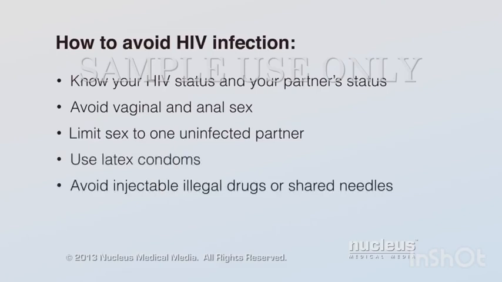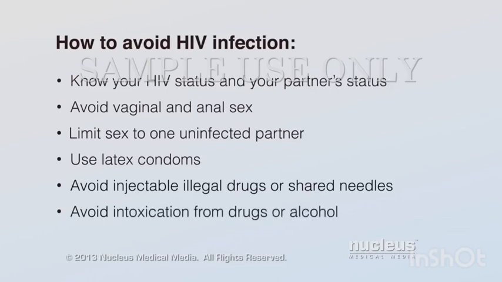Avoid using injectable illegal drugs or sharing drug needles because the needles may have the virus on them. Avoid intoxication from drugs or alcohol because you will be more likely to engage in unsafe sexual behavior.